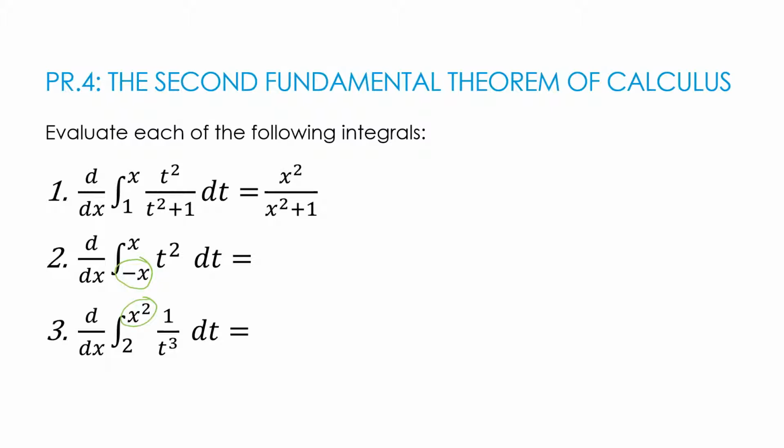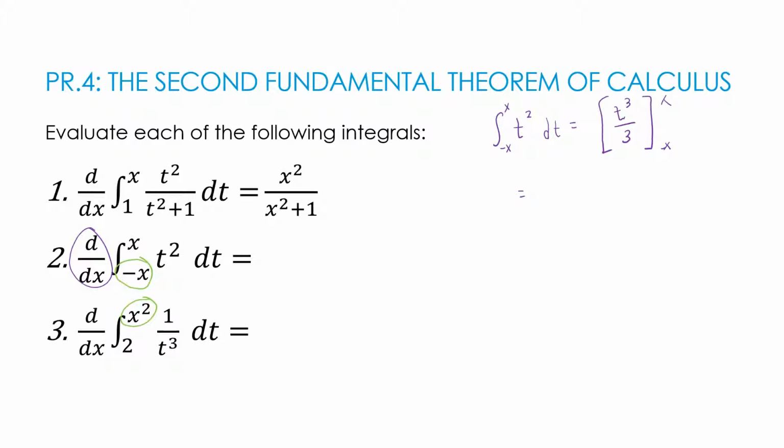So let's look at number 2, the long way. The long way says let's go ahead and integrate t squared dt from negative x to x, and then we'll worry about the derivative in a little bit. If I integrate, that gives me t cubed over 3 evaluated from negative x to x.